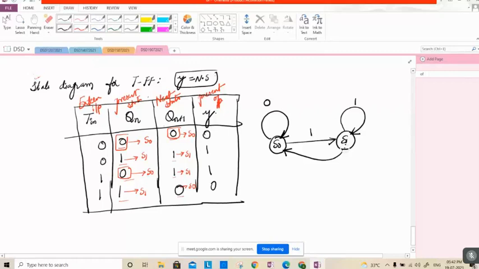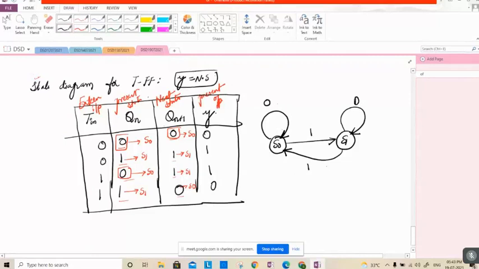If T is equal to 0, same state. In S1, if T is equal to 1, what will happen? 0, sir. So this is 0, this is 1, right? Yes, sir.